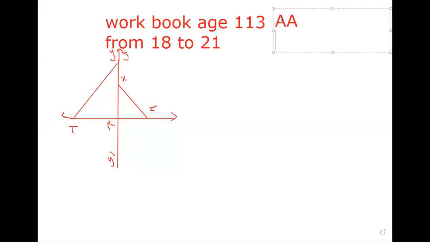The second case is SSS, right? For similar triangles, SSS means that each two corresponding sides should be proportional.